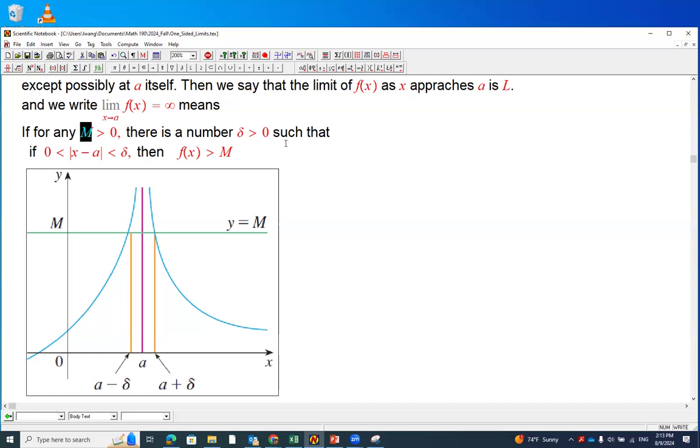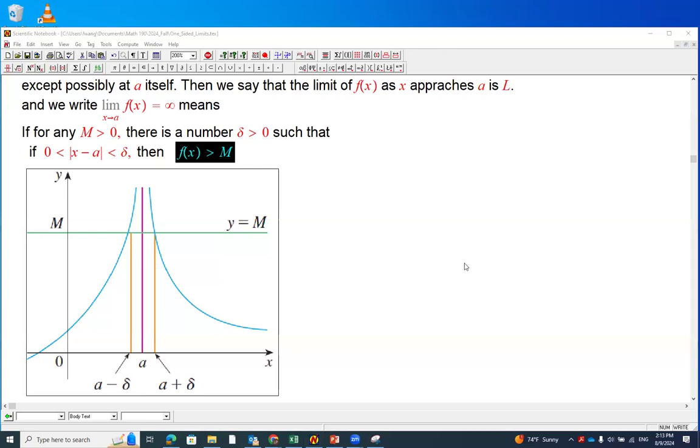If there's a number delta such that the value of the function can be as large as possible. So if this is the output, and you want it to be larger than capital M, and M is arbitrarily chosen, that can always be done.